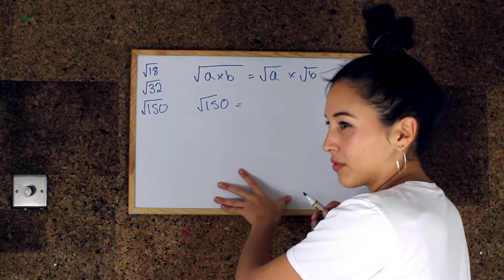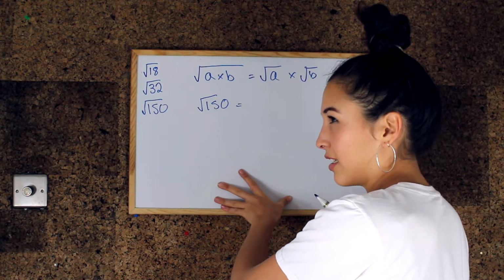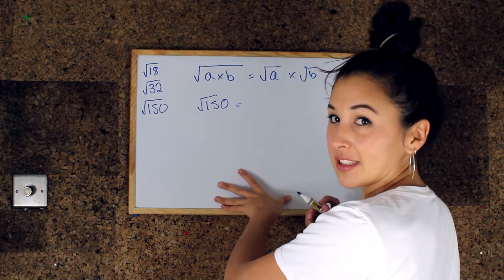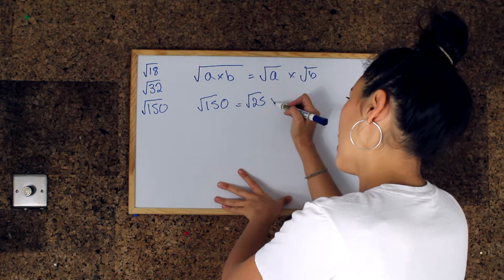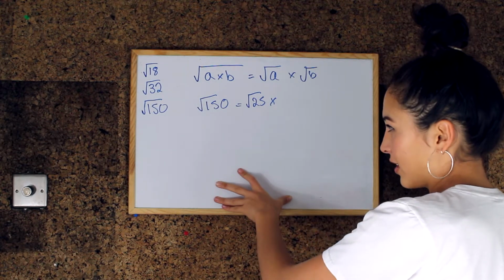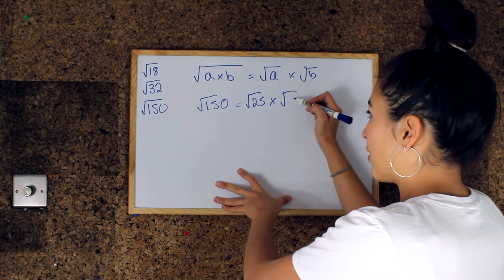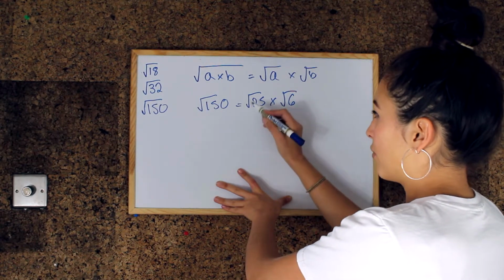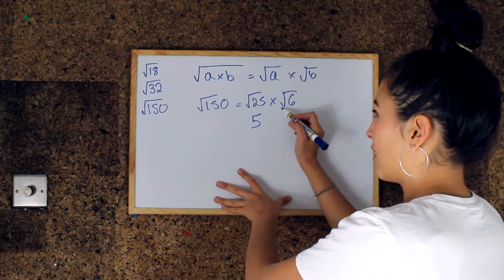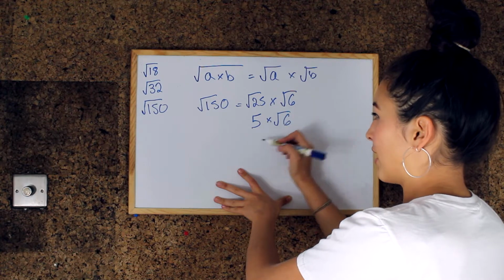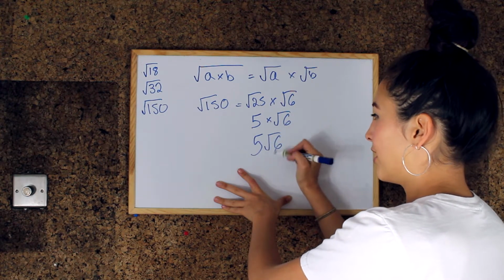So 4, 16, 25 would make sense, right? So we could say root of 25 times, how many 25s are there in 150? There are 6. So then root of 25 becomes a 5, and then we have root 6, which is 5 root 6.